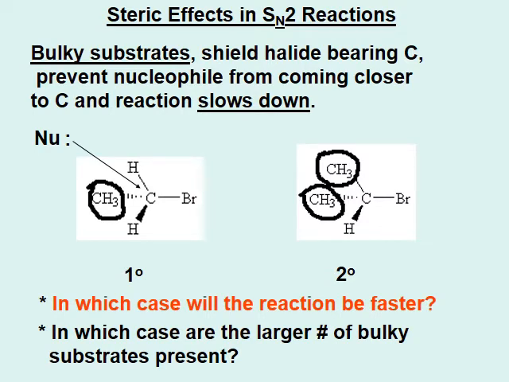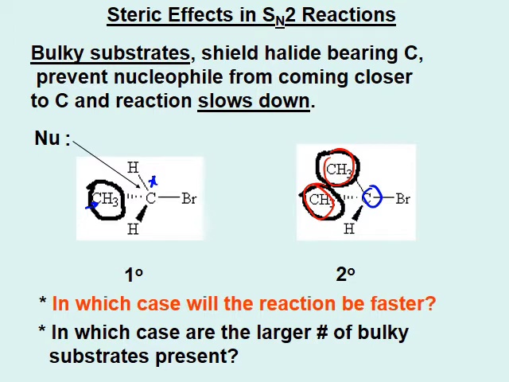Just to remind you, when the carbon which holds the Br is attached to one other carbon, like in this case, this is the carbon, other carbon is attached, and that's why it's 1 degree. The second one is 2 degree. If you follow, this carbon is bonded to two other carbons, and let me show you with red. This is one, this is the other carbon, and that's why it's a 2 degree alkyl halide.